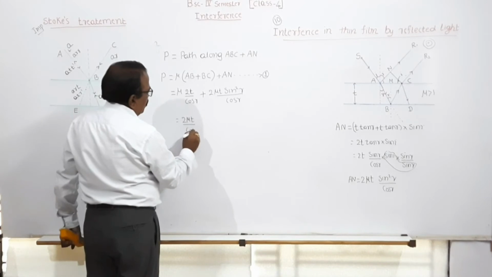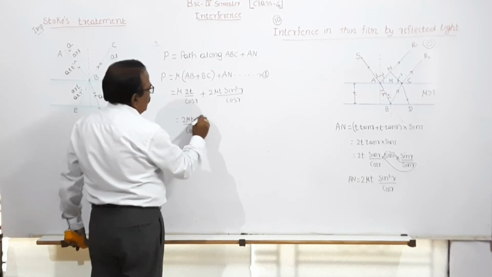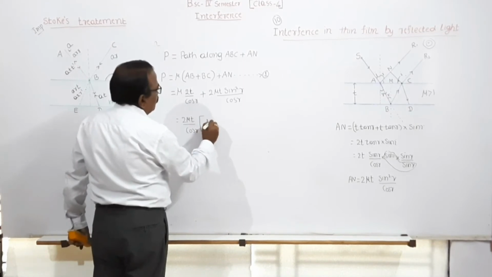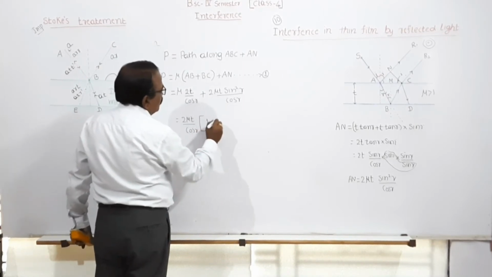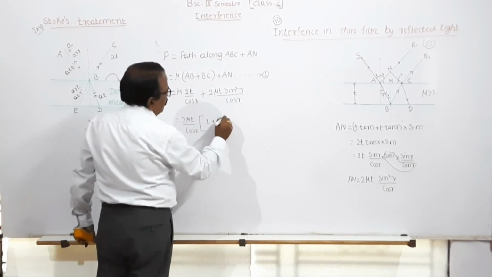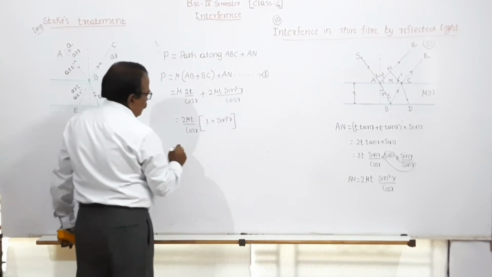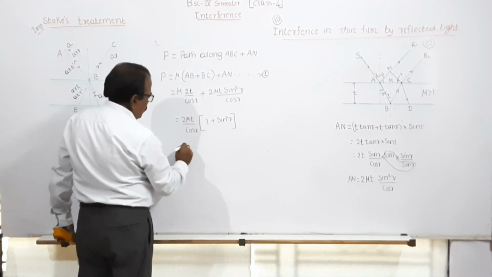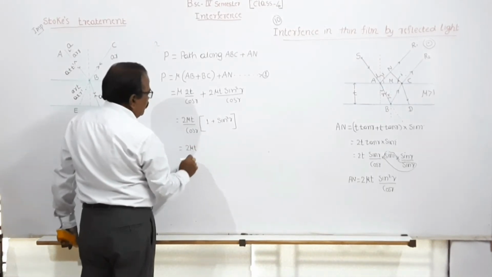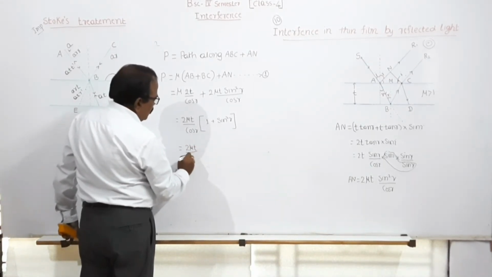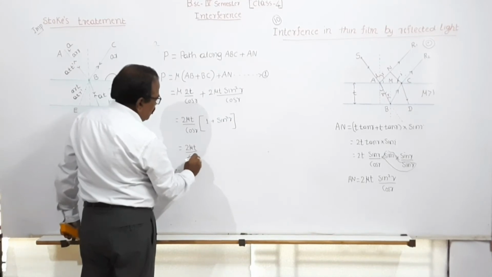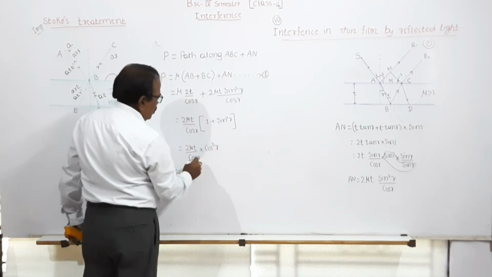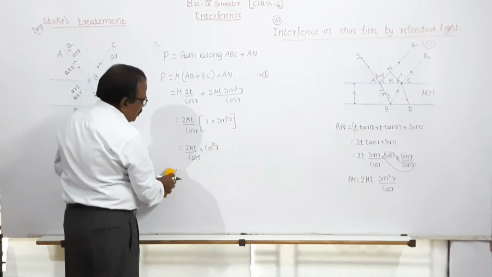What remains inside the bracket is 1 plus sin square R, and this is equal to cos square R, 2 mu T upon cos R into cos square R. This cos square R gets cancelled with that one.